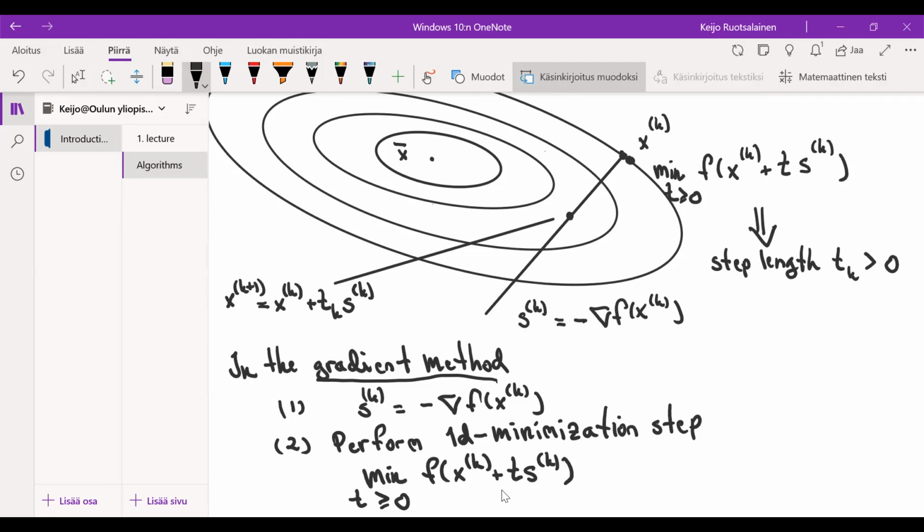Of course, in practice, you are not able to do it exactly, but I will take some examples where you can do it exactly. And there you get tk.